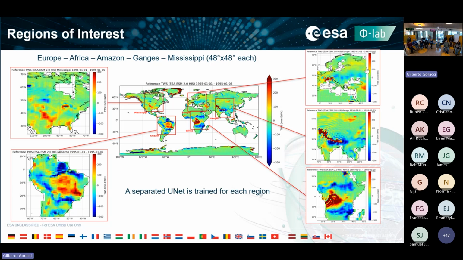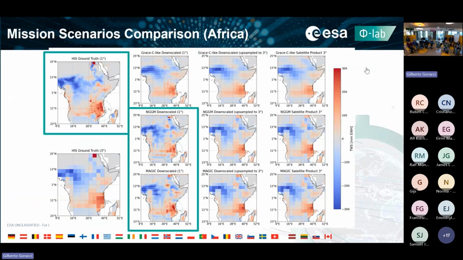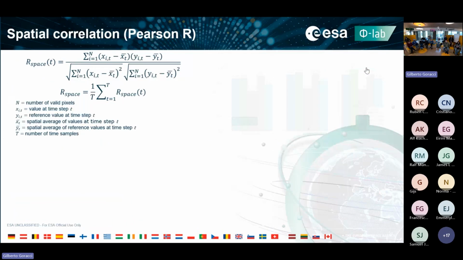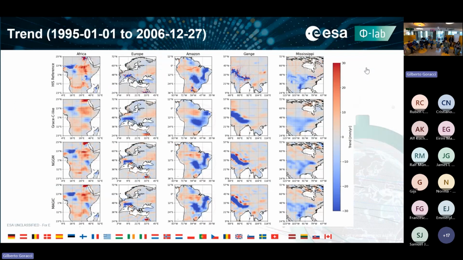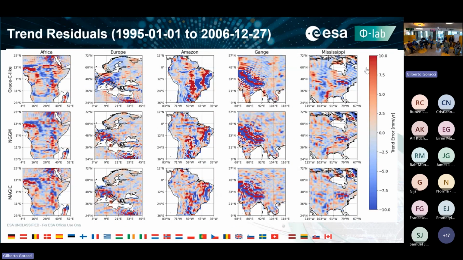Do you have any indication or thought on what is causing the errors? Sometimes in the plots with the difference between the prediction and your reference data, there are regions that have a structural bias. It is not just noisy error, but some regions clearly have a positive or a negative error.